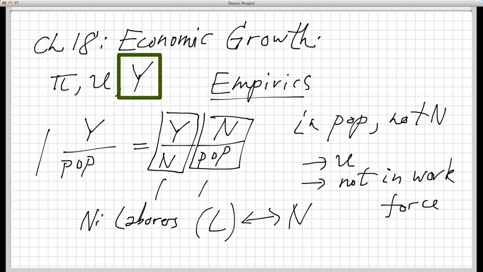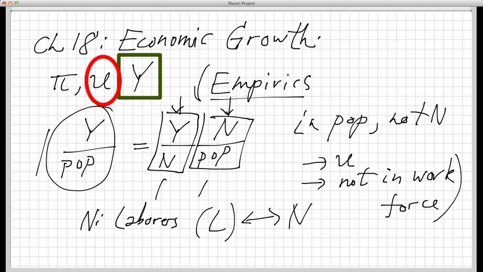Definitions of people who are not in the workforce are given in the chapter. We'll go into that in class. What's important is just to know that these empirics can be broken down into these subclasses to be more specific about what Y over pop is. Population is made up of a lot of different people, and specifically the unemployment rate has this role to play in saying what is the difference between this term and this term.